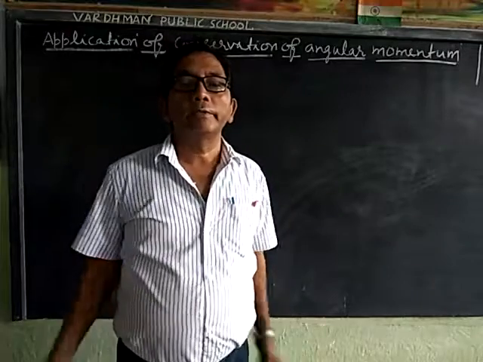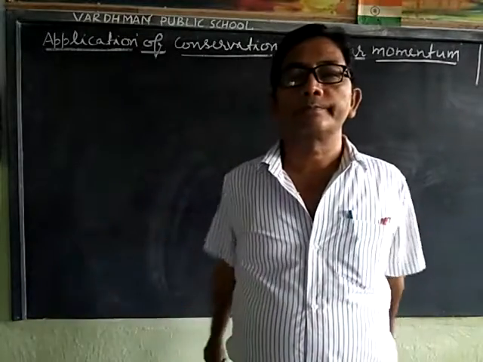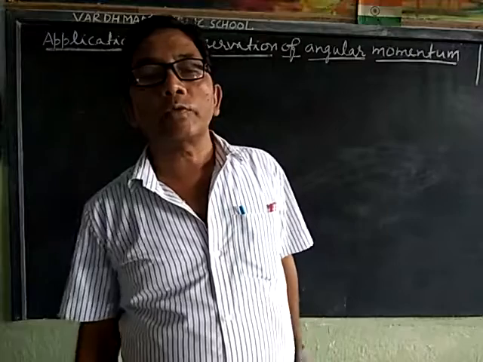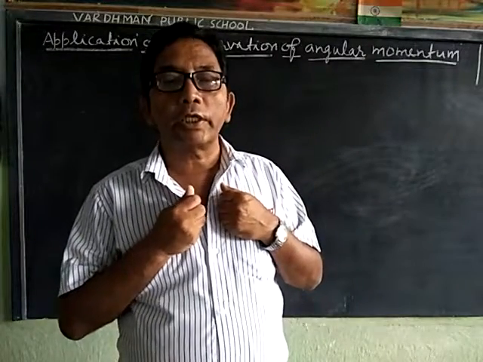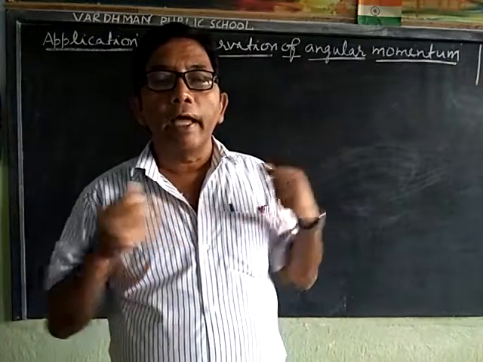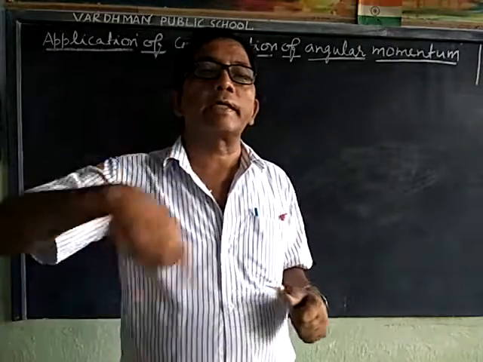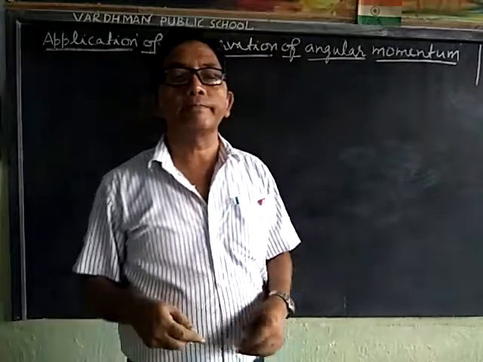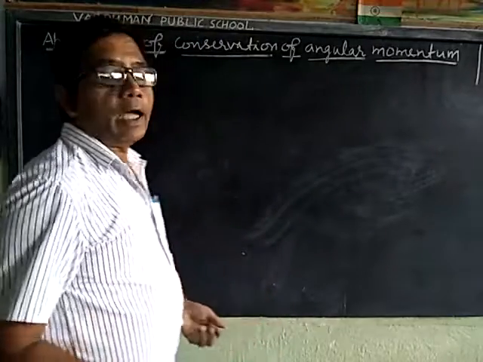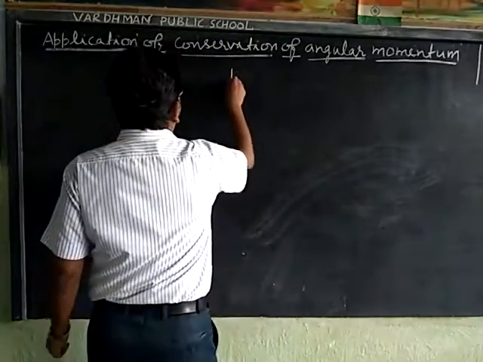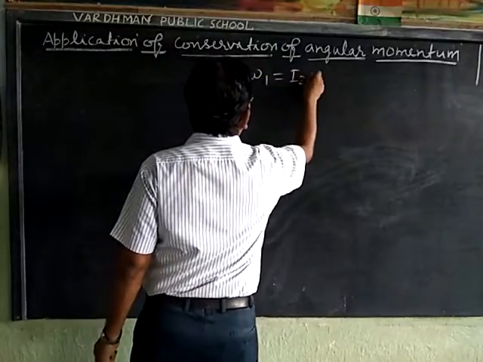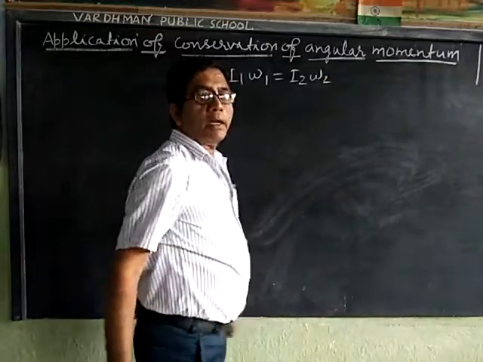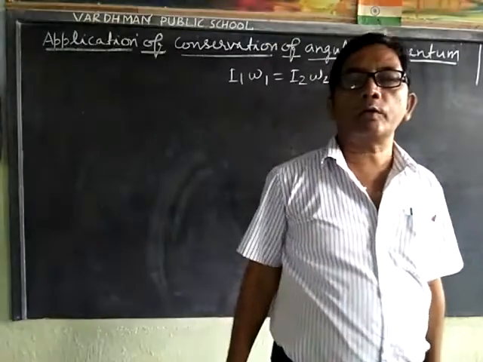When he withdraws his arms towards his chest, in this case the angular speed increases, because I1 omega 1 is equal to I2 omega 2.